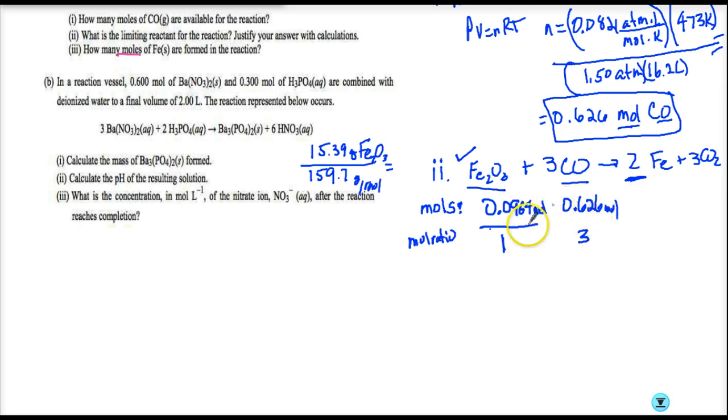I hope so. Also, I know that this 0.626 moles, I'm never going to use it all. How much am I going to really use? 3 times the amount that's my 1. So what is 3 times this? I'm only going to use 3 times this. Well, actually, let's just do it this way. Maybe this will make more sense.